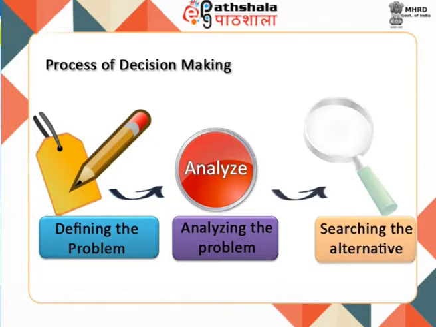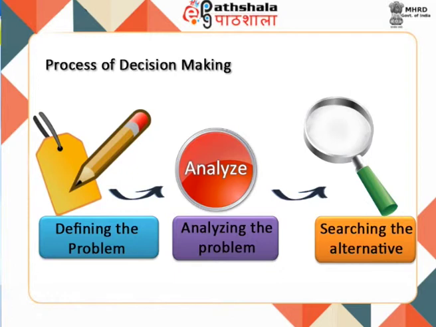Third, searching for alternatives. Various alternatives are found out to choose from so that one of the best solutions for the problem can later be selected. These alternatives may be the past practices and techniques followed in the organization.